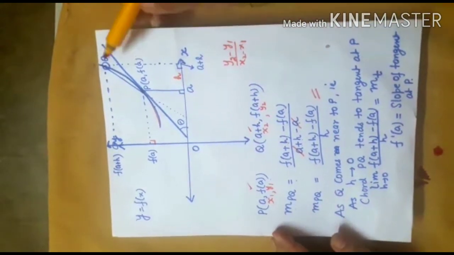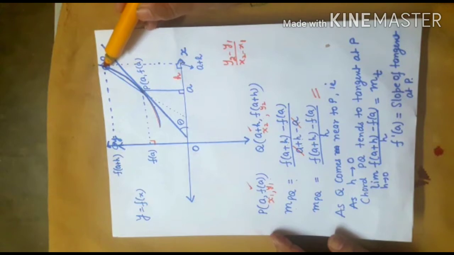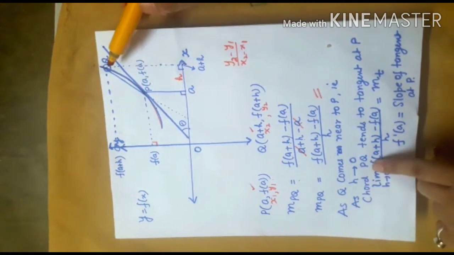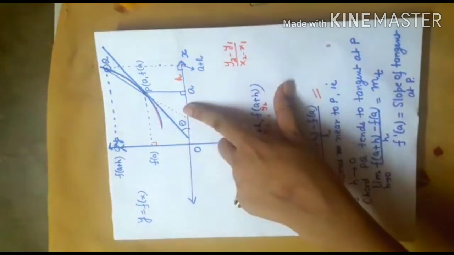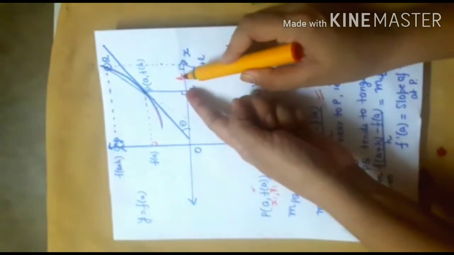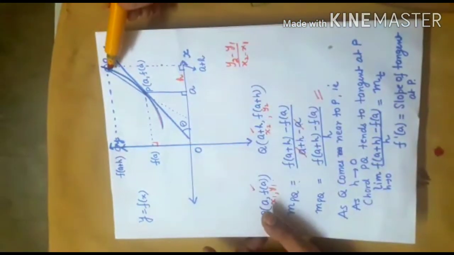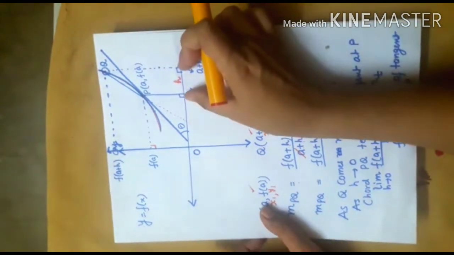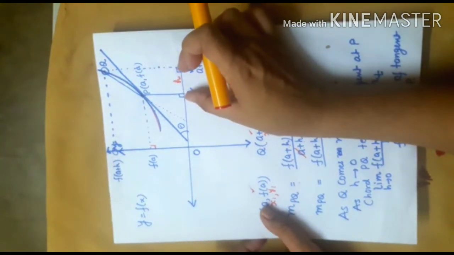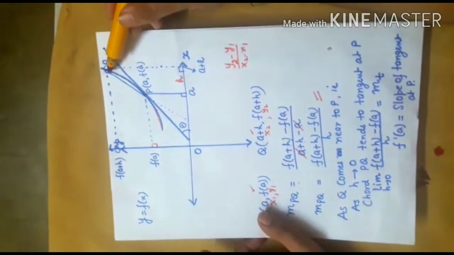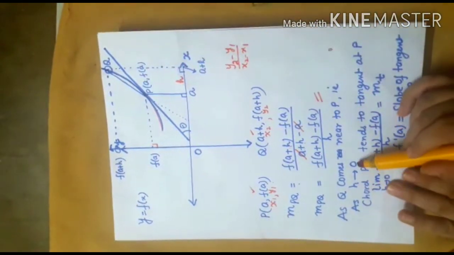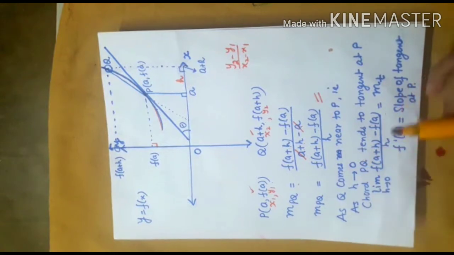Now look here. As Q comes near to P, that is when this h tends to 0, because when Q will approach the point P, this distance will become smaller and smaller. So when I say as Q approaches P, it means that h is tending to 0.